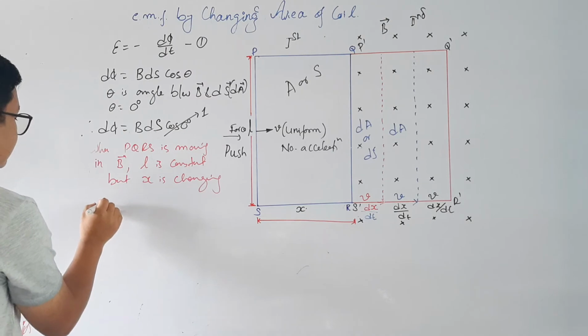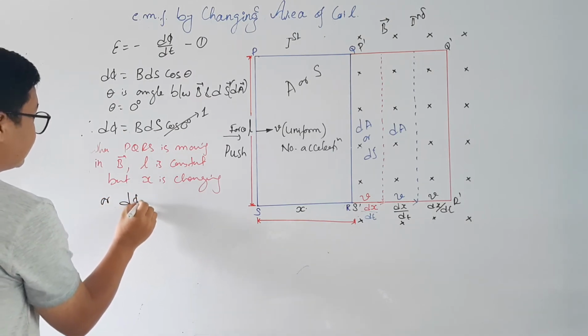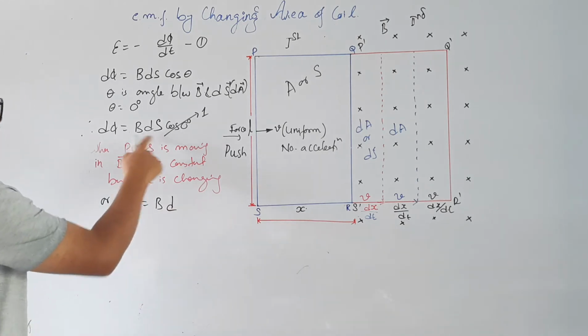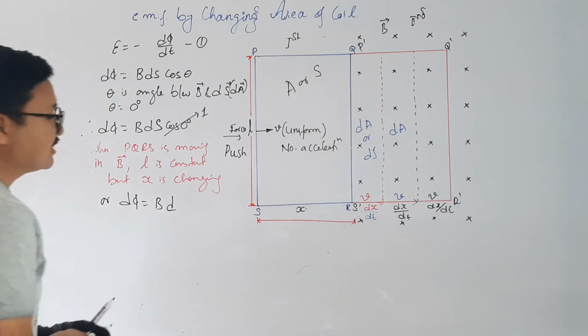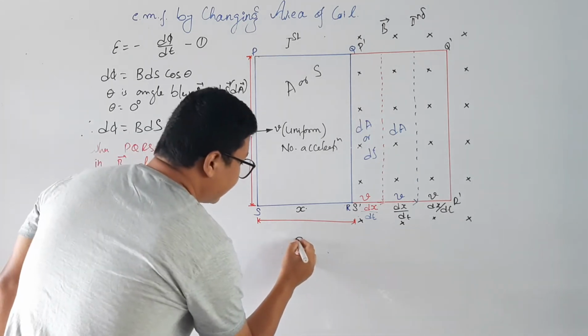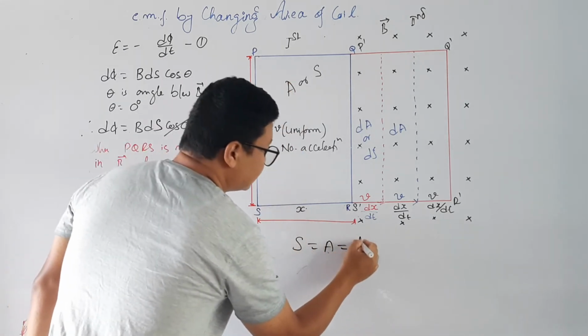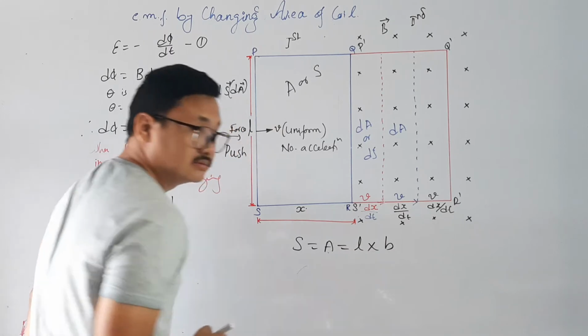So then what do we write? Therefore we write d phi is equal to B, dS, and what is S? S is area, and area of a rectangle is length into breadth, right?